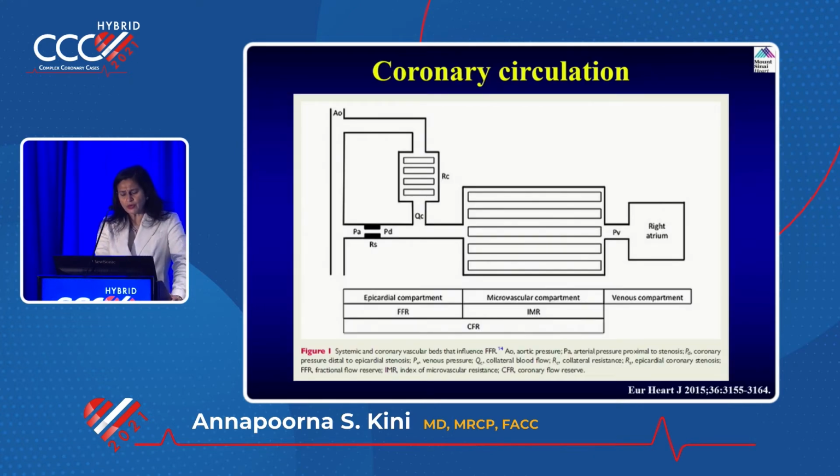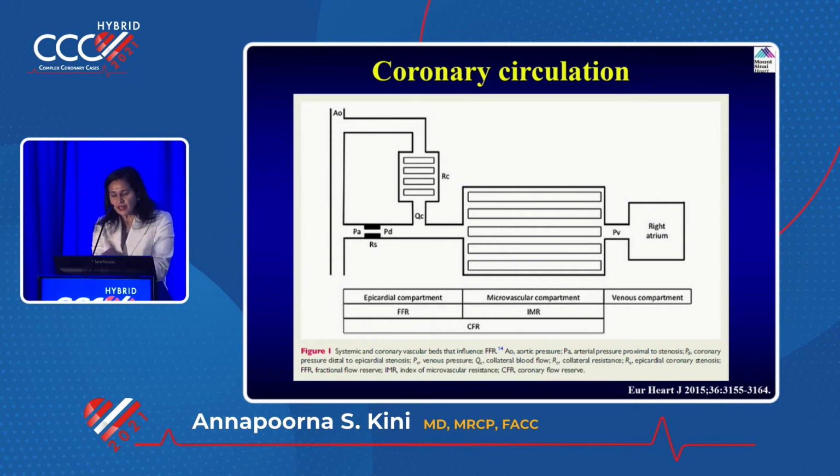Now a lot of questions will come with the FFR, CFR, IMR, the new devices which yesterday we were discussing. IMR may not come because it's very recent, but definitely FFR and CFR. So FFR is always what? Fractional flow reserve, but it's a stenosis in the epicardial artery, right? That's what you need to know. And CFR is microvascular.